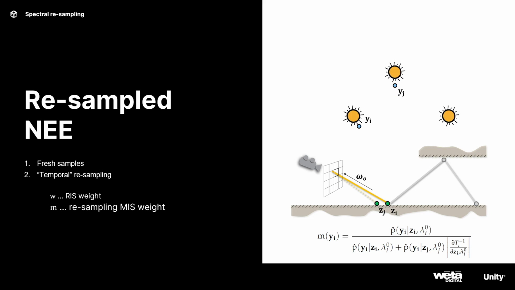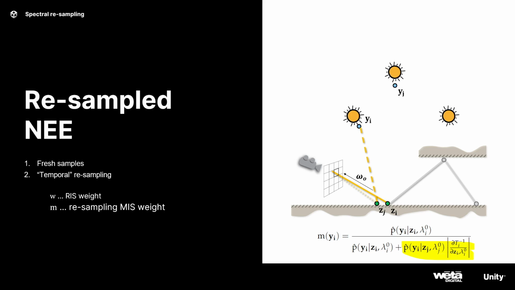Now let's look in detail at what the resampling MIS weight looks like. So for the sample yi, it is relatively straightforward. We use the target function with respect to yi, zi, and the current hero wavelength sampling yi. But what is interesting is this term, that we need to know what would be the target function if we evaluate yi at the previous vertex zj.